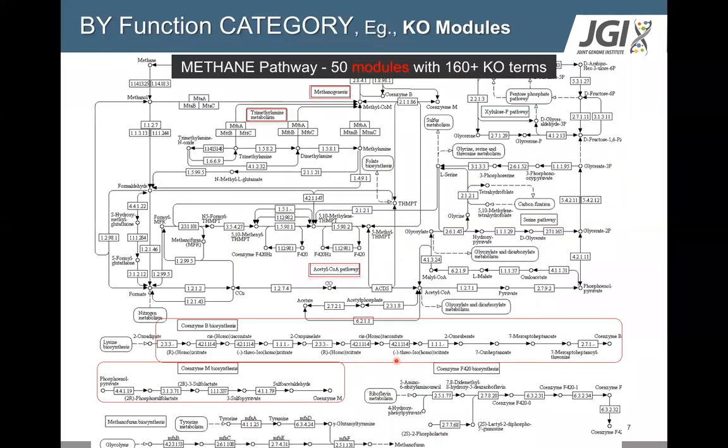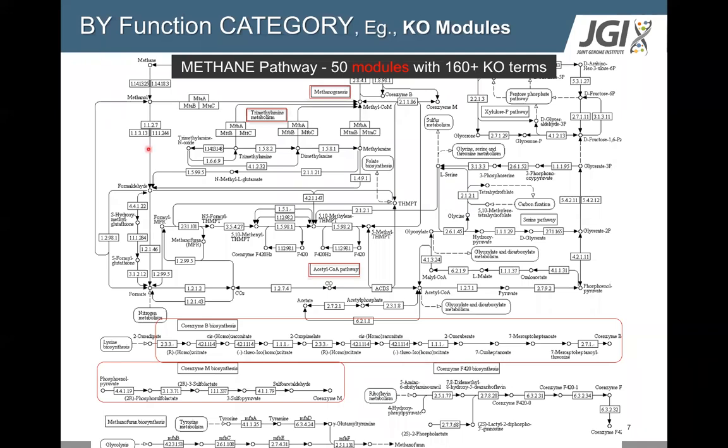The next feature that you can compare on is an overarching function category, right? So for KEGG in particular, the Kyoto Encyclopedia of Genes and Genomes, the KO terms are actually assigned to a pathway. I'm showing you an example here of methane metabolism. You have this really large pathway map that's comprised of up to 50 individual modules.